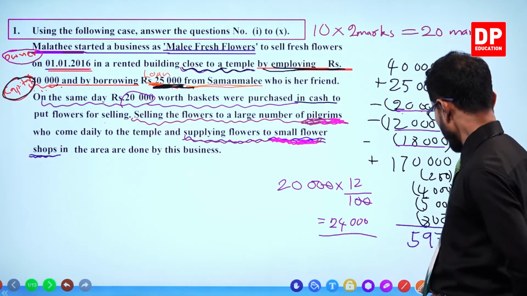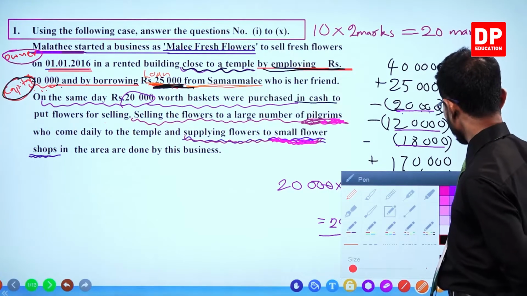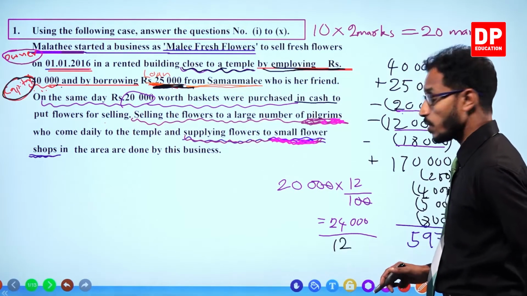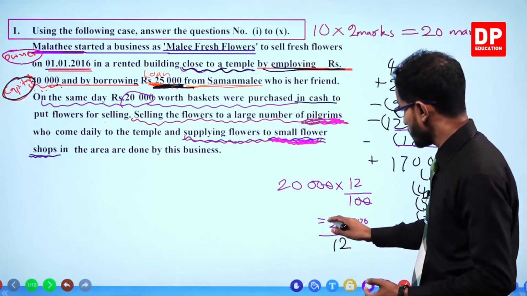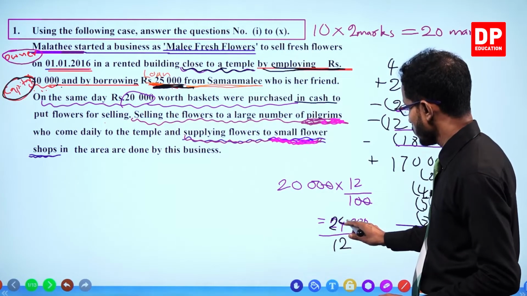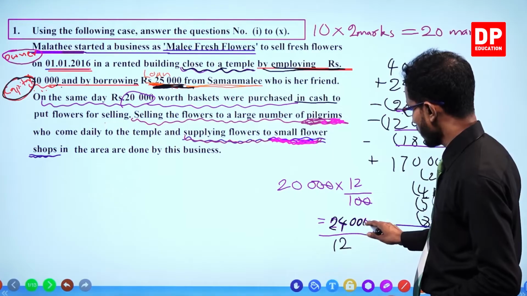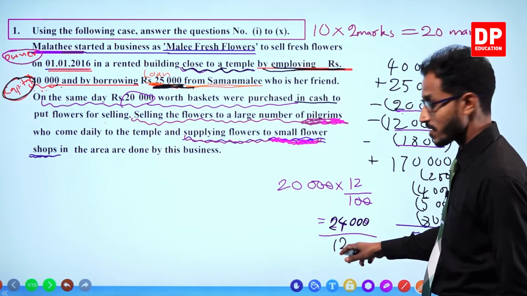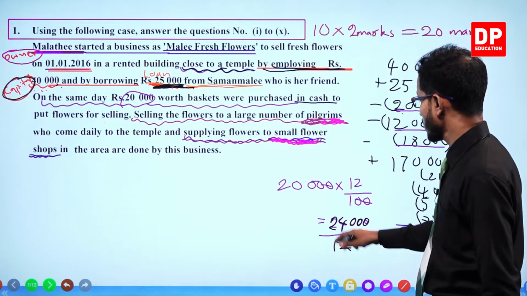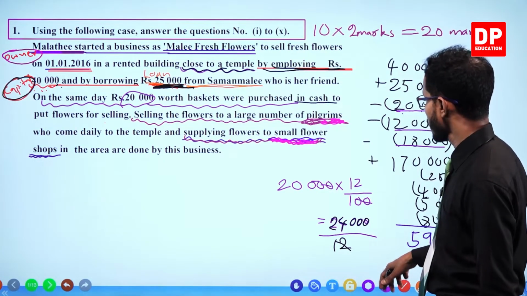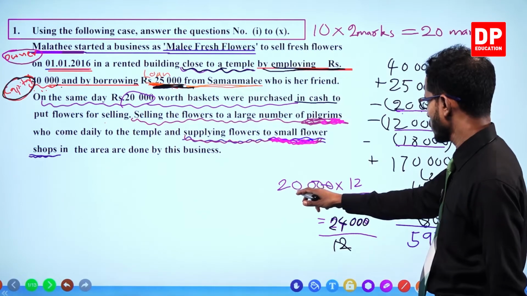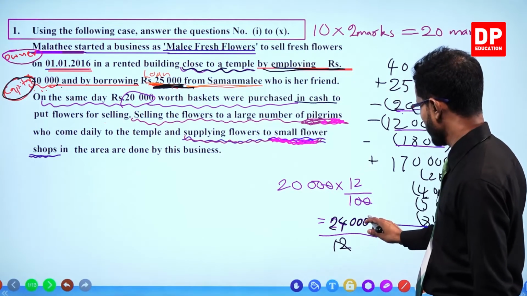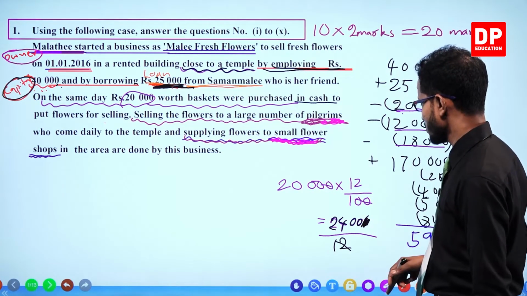24,000 divided by 12. Why? Annual depreciation you took. You must convert it to monthly depreciation. 24,000 divided by 12. How much? Oh, we took one extra zero here.